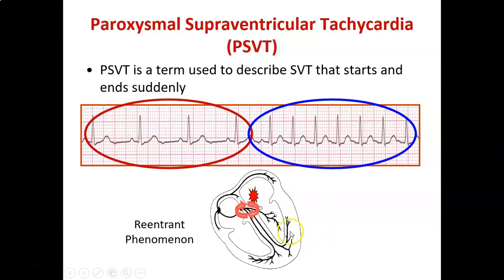So here in SVT, the mechanism is a reentrant phenomenon. The impulse originates from the ectopic focus in the atria, and then it makes a reentrant loop around the AV node and then goes back to the atria, and these loops keep on moving and produce continuous narrow complex SVT.